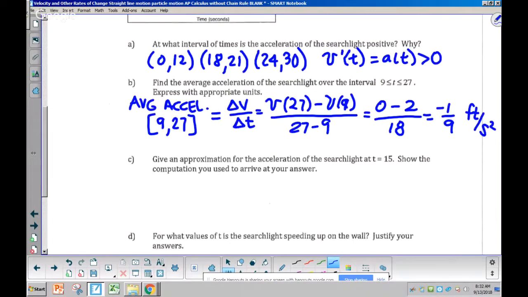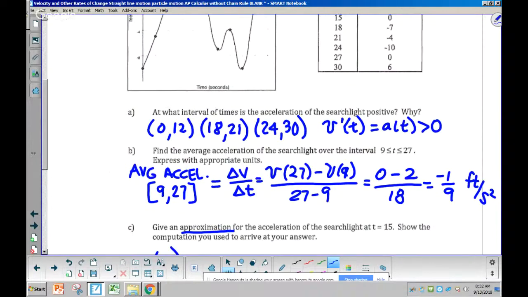Okay. Give an approximation for the acceleration of the searchlight at t equals 15. Now that's just a moment in time, isn't it? So I'm going to say acceleration at 15 is approximately, because it said approximation.